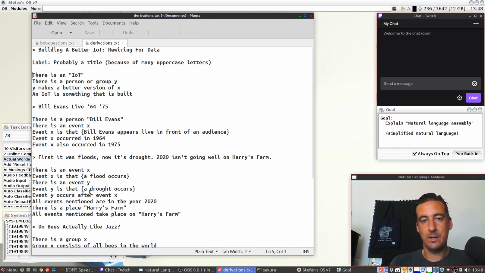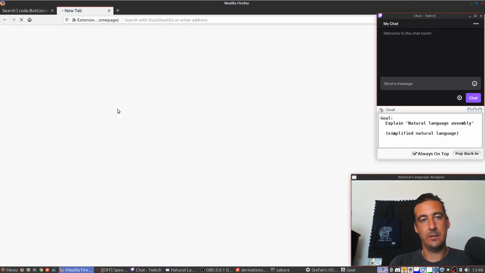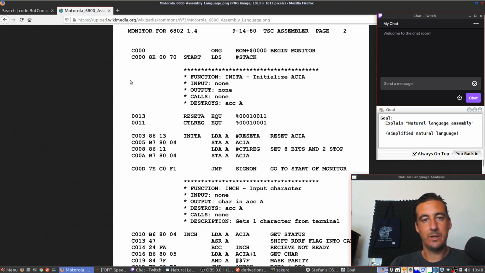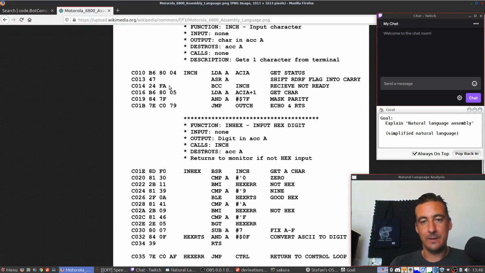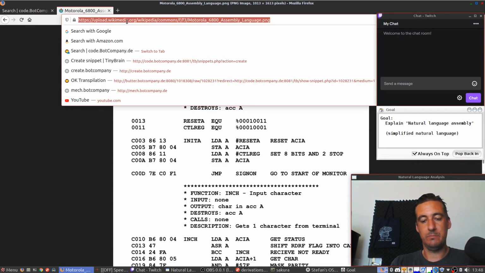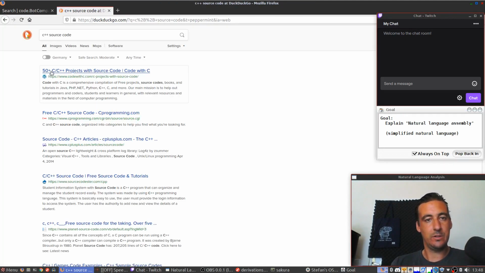Because what does assembly look like? Let's see. Assembly language. This is a very old machine. Doesn't matter though. Assembly language, every line contains one instruction. One instruction to the processor. And compare this to some source code in a higher language.